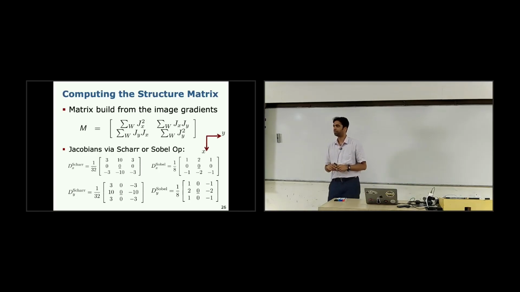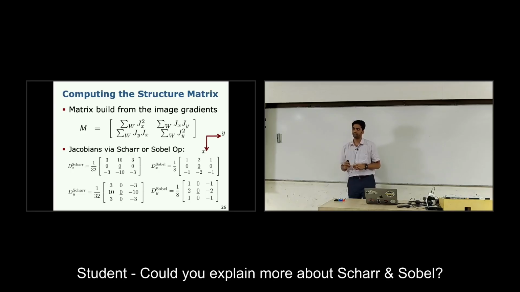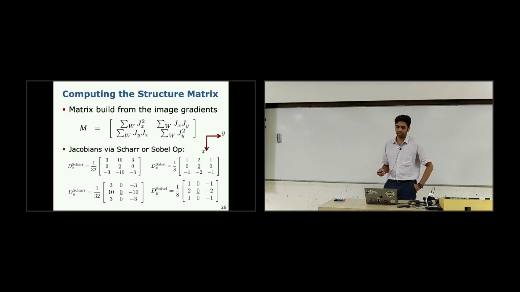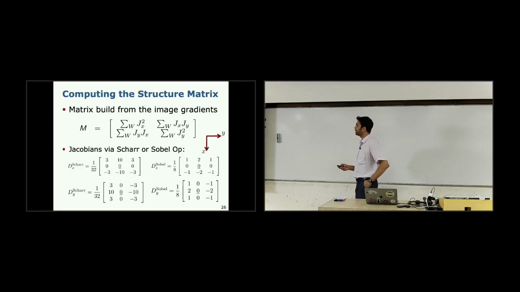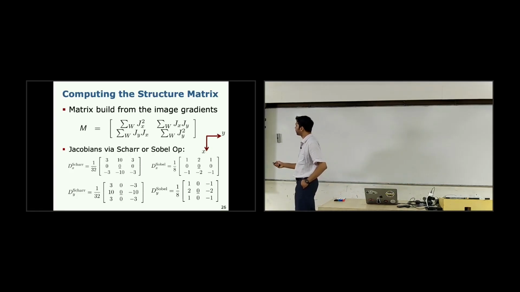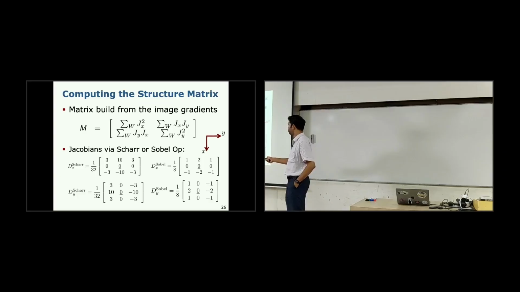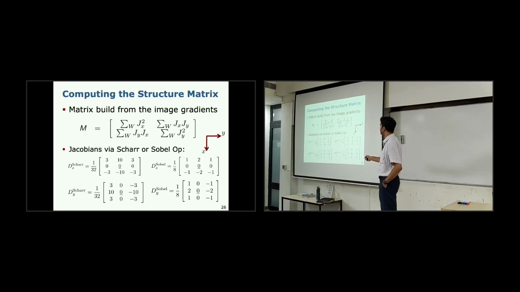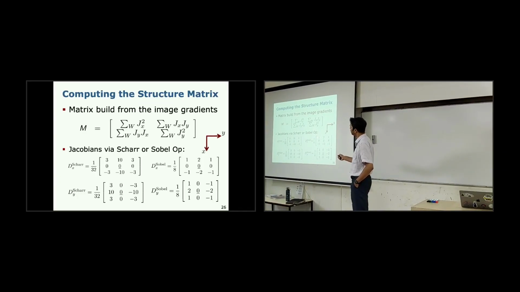Could you explain more about the Scharr and Sobel operators, like what they are? Yeah, sure. These are image kernels. For a moment, we'll just take Sobel because it's easier numbers. What will happen is that this matrix will get multiplied with some part of your image.